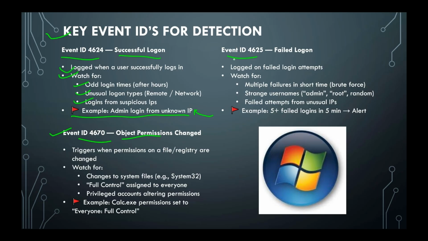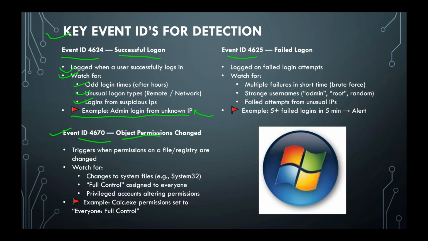So next we have 4625, which is for failed logon. This event indicates a failed logon attempt. Repeated failed logons can indicate a brute force attack or unauthorized access attempt. So it is important to monitor this event closely.